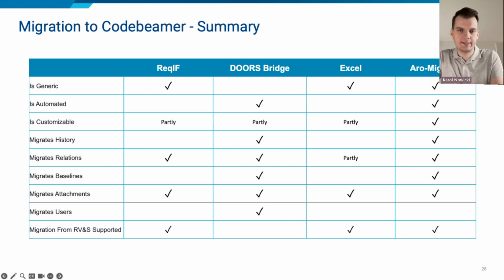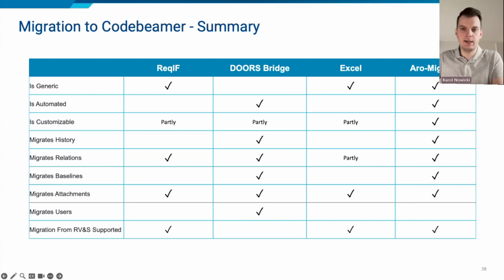At the top, we can see that ReqIF and Excel formats, as they are based on exporting data and importing to the target system, are generic, as we can use them on various source and destination tools. They are also not automated due to the same reason. We need to manually export a file and then manually import the file.